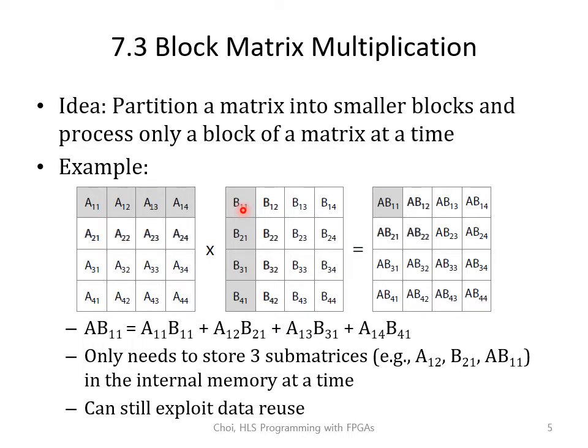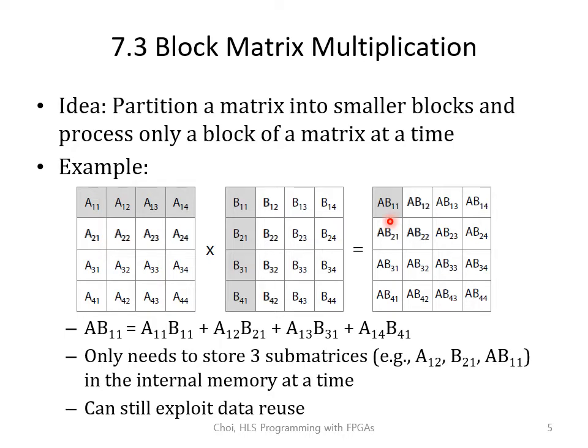So we can just throw them away and fetch A12 and B21, and then throw them away and fetch A13 and B31, and so on. That's why we only need to store 3 submatrices in the internal memory at a time, one from A, one from B, and one from AB. So blocked matrix multiplication can really help you reduce the internal memory consumption.